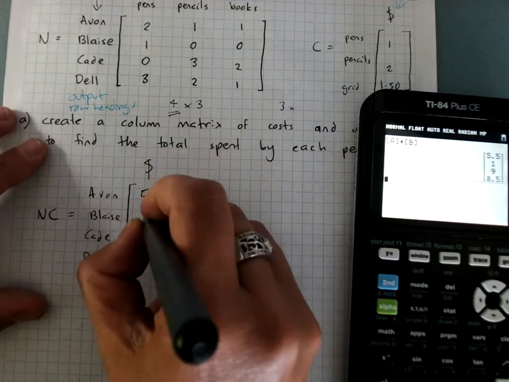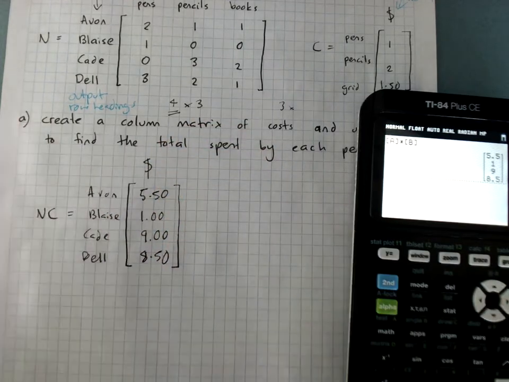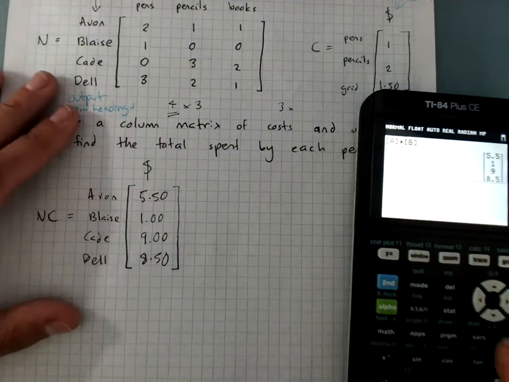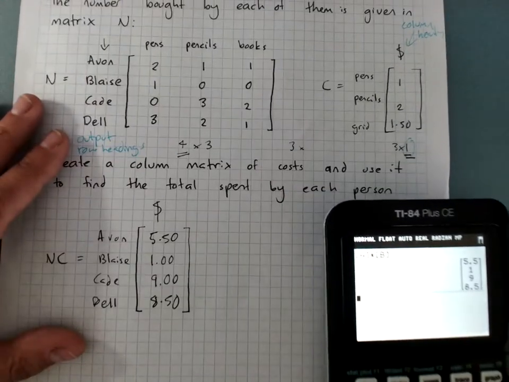Because it's cost, put it in as 2 decimal places, but our dollar sign does go outside our matrix. So really quite a quick way of getting that output information.